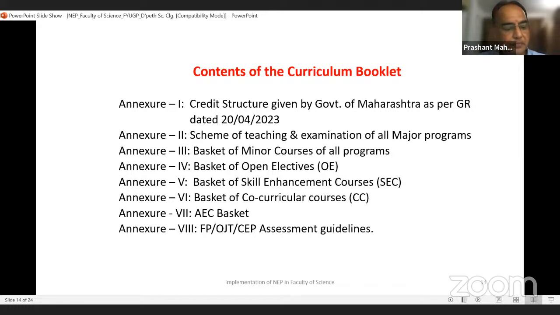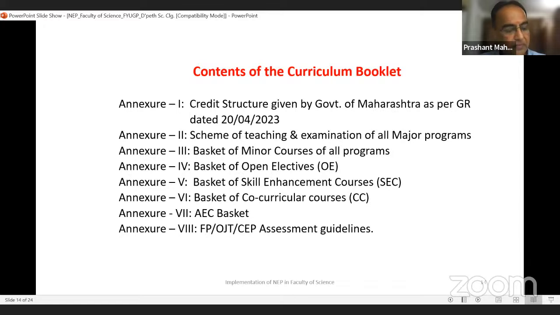My query is, if a student has selected microbiology, he will not be able to select biotechnology either as minor or major. Am I right? Sir, we have made the changes on the request of the Board of Studies and faculty meeting. Now biotechnology is not in group B. Biotechnology is being taken to group D. Yes, it's already in D.